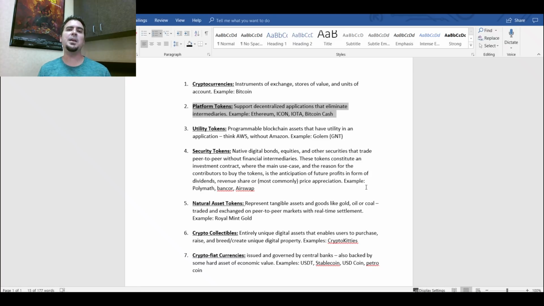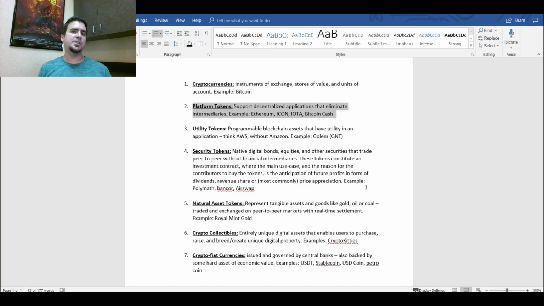But now the difference is that you can directly invest in these platform tokens themselves by investing in IOTA, Bitcoin Cash, or Ethereum directly. And the value of that particular coin is going to be tied to the broader platform play that they're taking and all other assets and tokens that are built off of that platform.